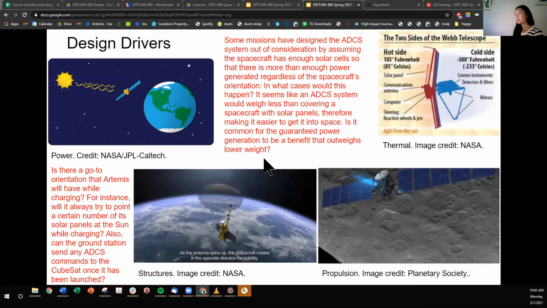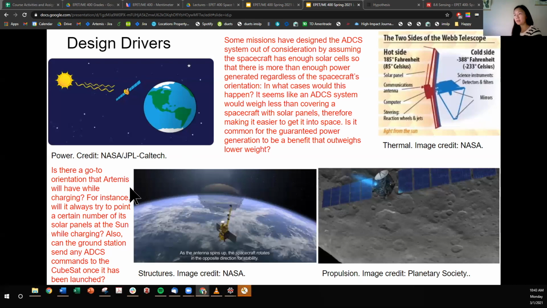At some points, power could be more important than mass. For example, if you have a huge mass budget and you can just willy-nilly add more things, then why not get more power? So I can't say across the board, but just nuanced, think about it as a trade.